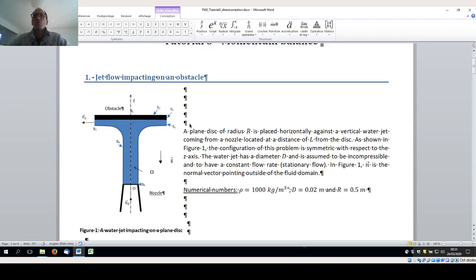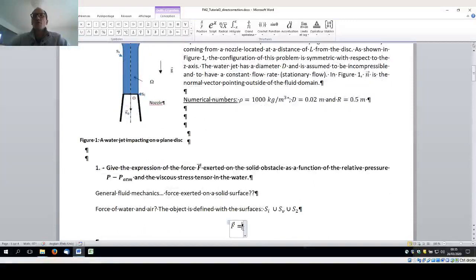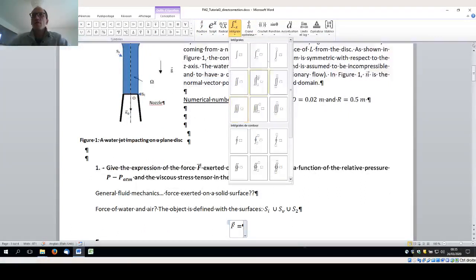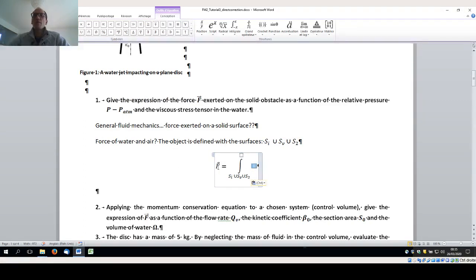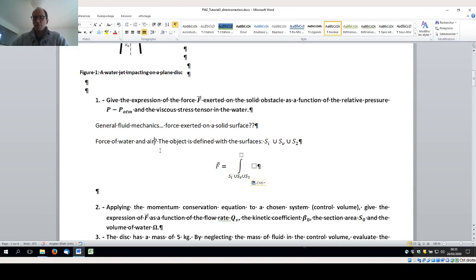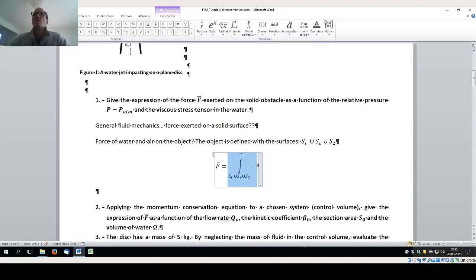So if we write those two parts, it's just the integral over all the surfaces. So we'll try to write it. This is the integral over those different surfaces. So this is the force exerted on the object. Sorry, maybe I will just write it correctly here.